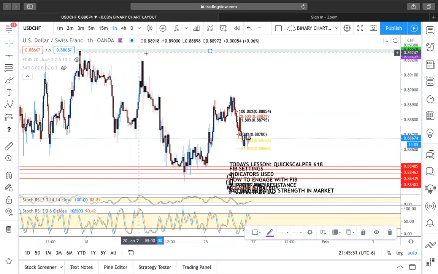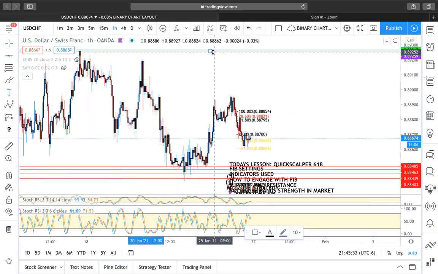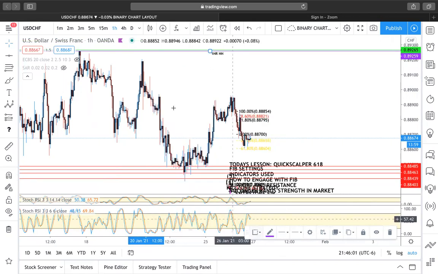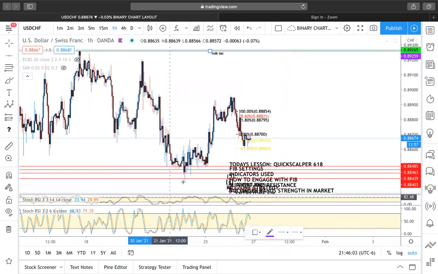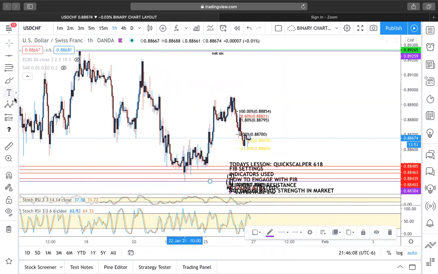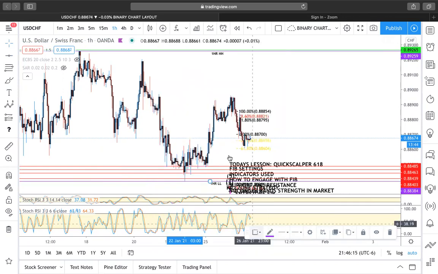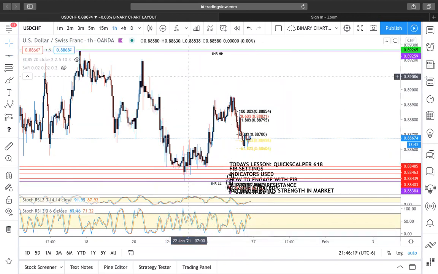So doing that right there, we're going to get our text box. And that is the 1 hour higher high. And that's the 1 hour lower low.